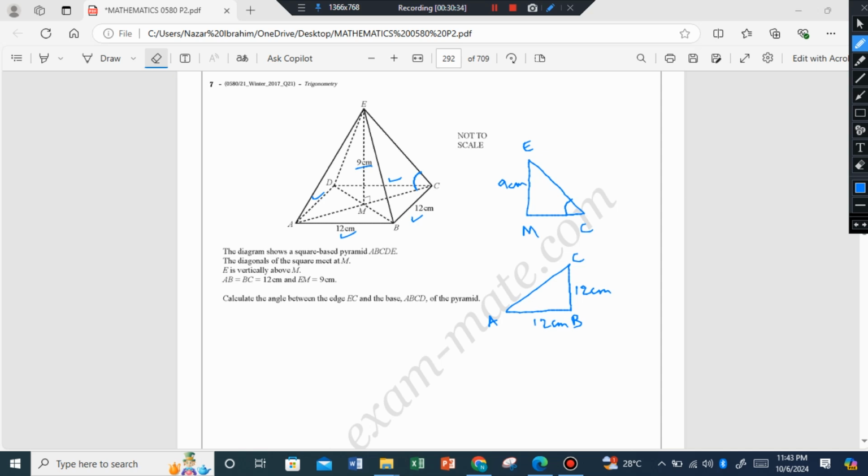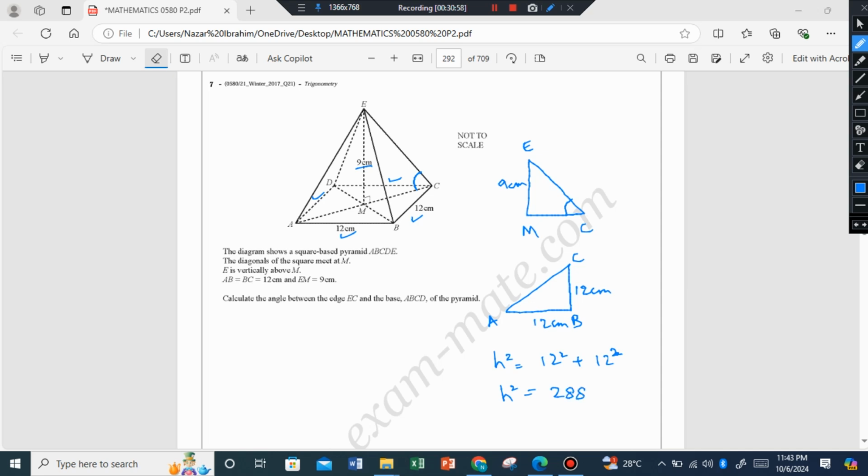Applying Pythagoras theorem, hypotenuse square is equal to opposite plus adjacent square, right? Solving it, 12 square plus 12 square means 144 plus 144, 288, right?